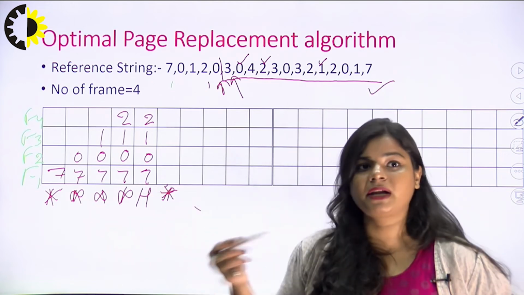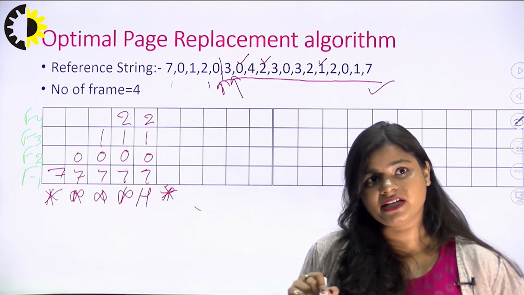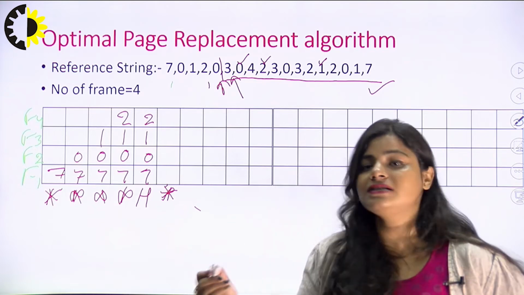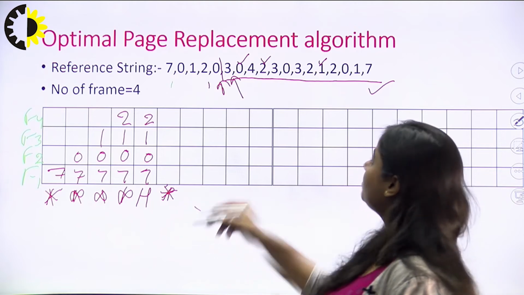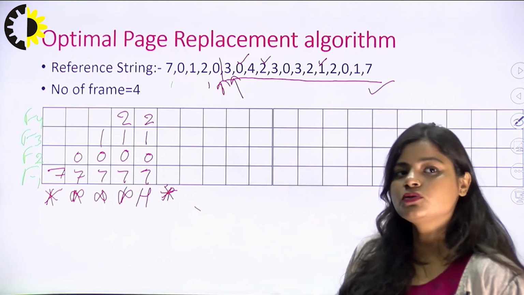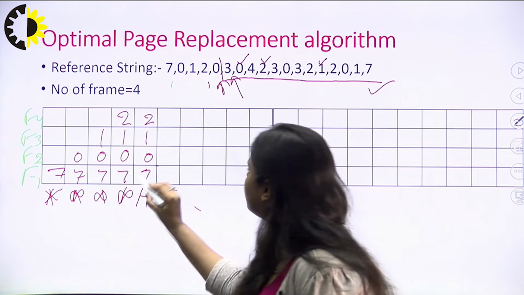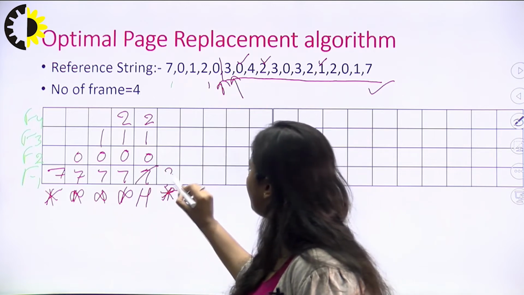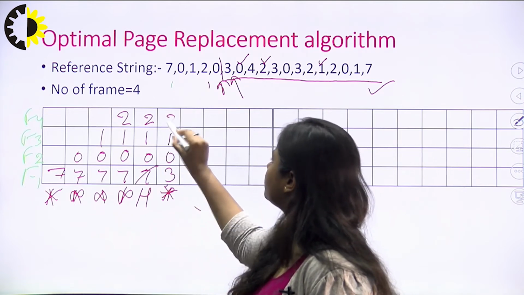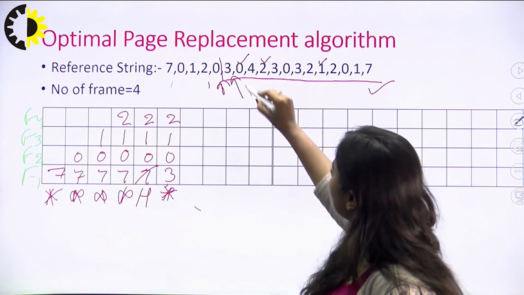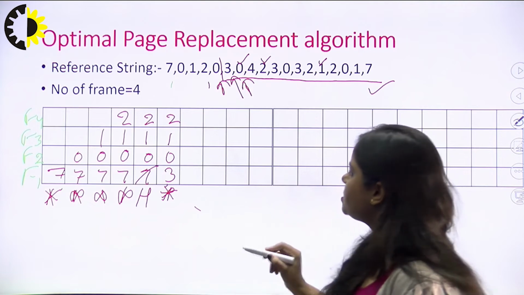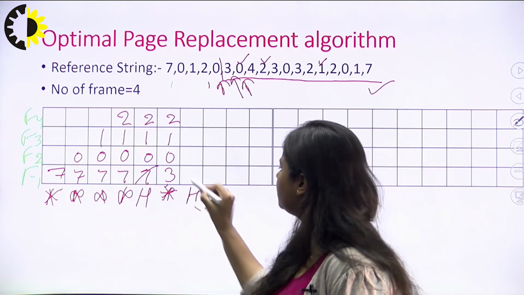So we will replace that page which will come last among all the current frames. So 7 will come last in this string, so we will replace 7 and write 3 over here: 3, 0, 1, 2. Okay, so let's continue. Next 0 is already present inside the frame, so it is a hit.